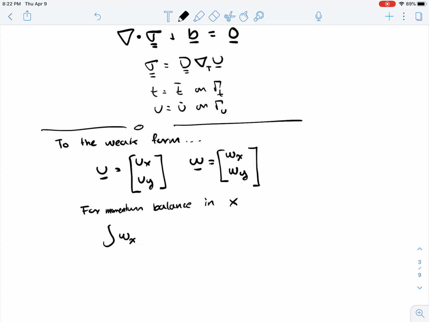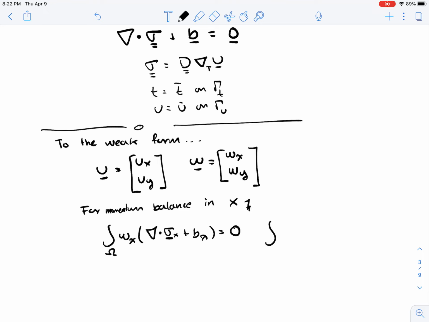I'll let you go back and check what this was, but I'm going to have the weighting function wx times the divergence of this vector sigma x plus bx equals 0 over the domain.